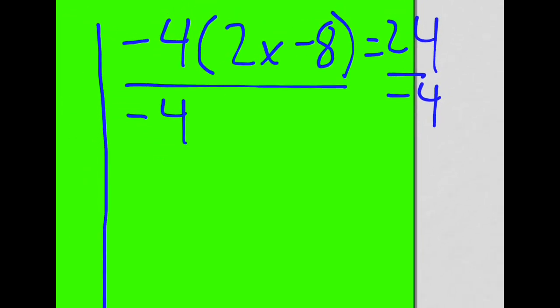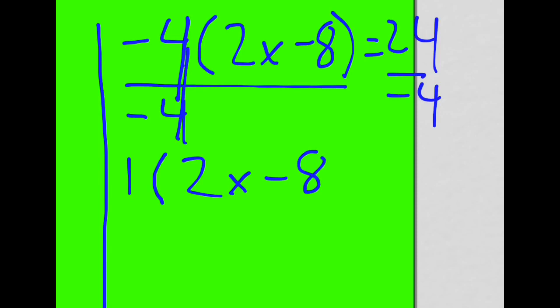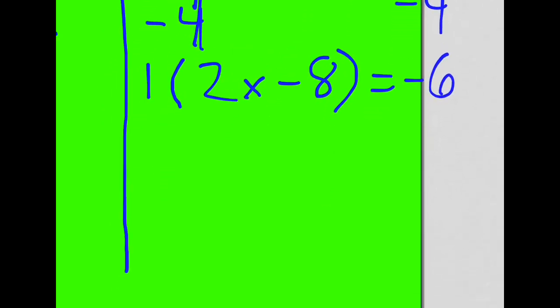I'm going to get 1, negative 4 divided by negative 4 is positive 1 group of 2x minus 8. And 24 divided by negative 4 is negative 6. And then you're going to see that's the same as 2x minus 8 equals negative 6.